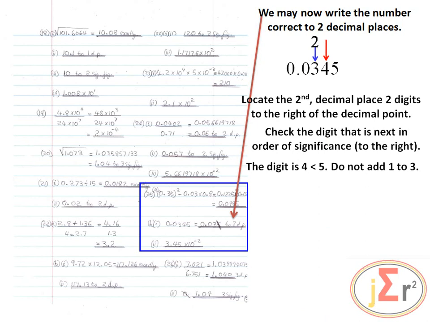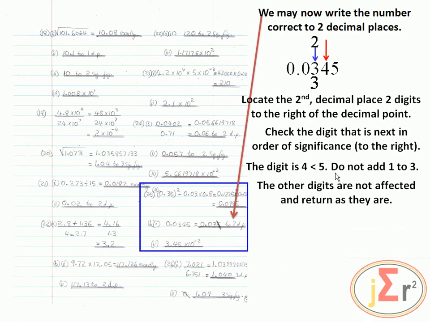The digit is 4. 4 is less than 5. Because 4 is less than 5, we do not add 1 to 3. 3 goes back. The other digits are not affected and return as they are.